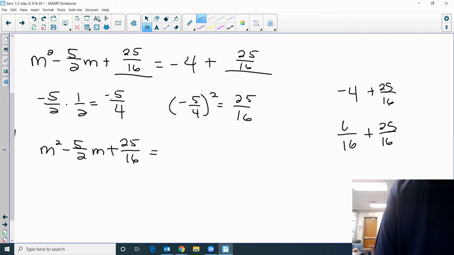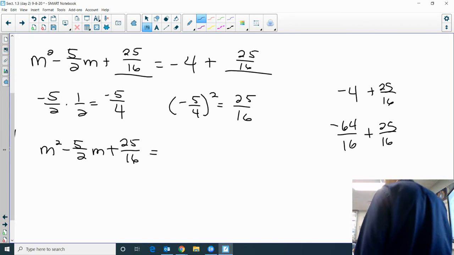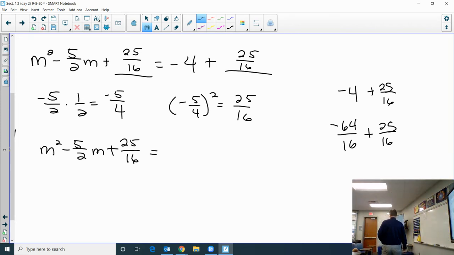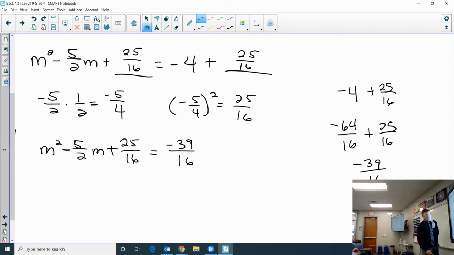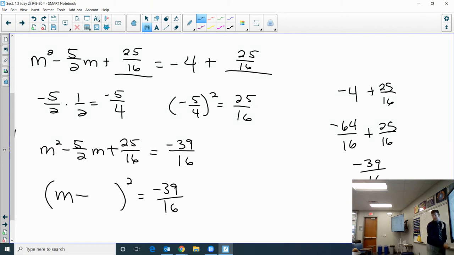That's negative 64 plus 25, which is negative 39 over 16. So that's going to go here. This is going to be m minus something, quantity squared, equals negative 39 over 16.